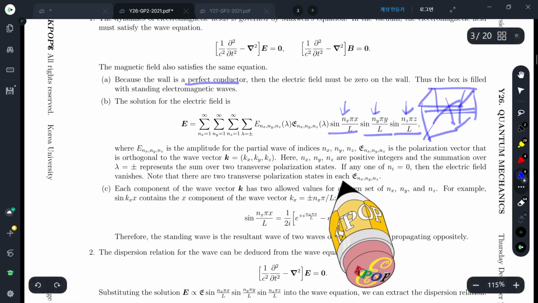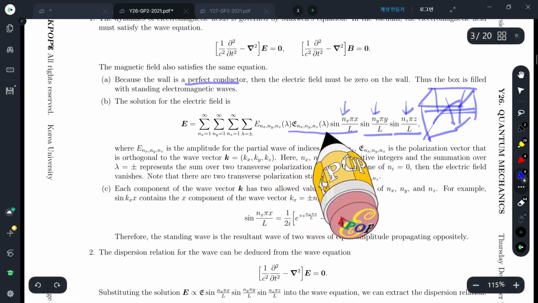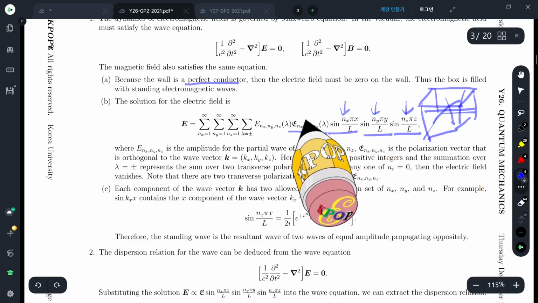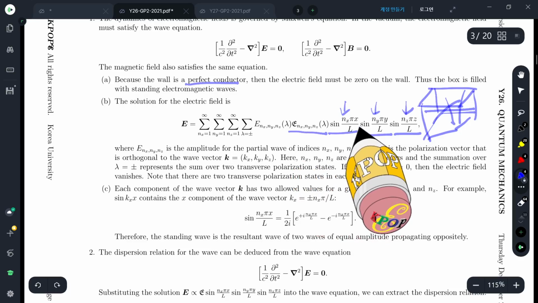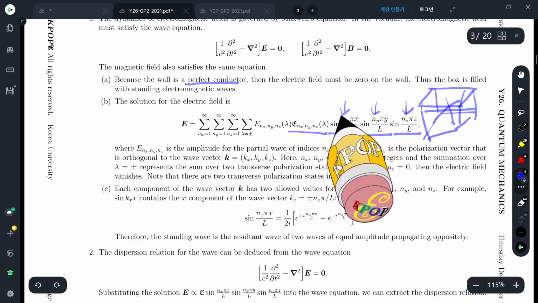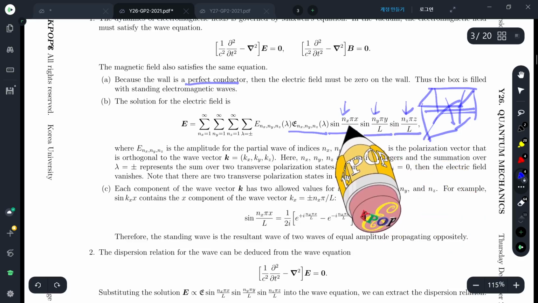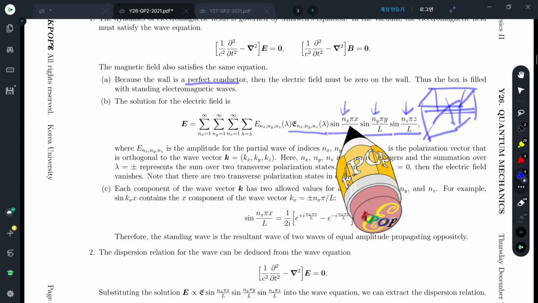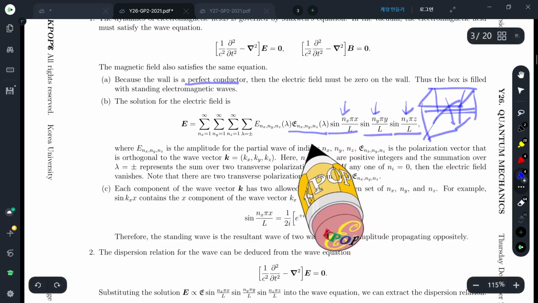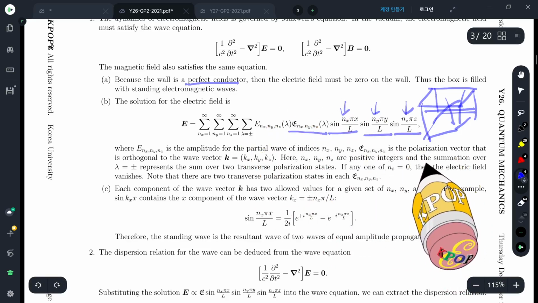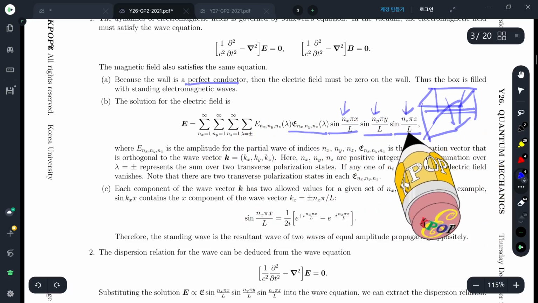In here, we have the polarization vector, depending on the wave number in the x direction, y direction, and z direction. We have pulled the time-dependent factor outside. We just consider a simple case where the spatial dependence of the standing wave is described in here.